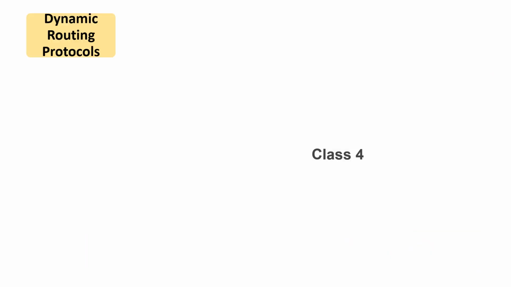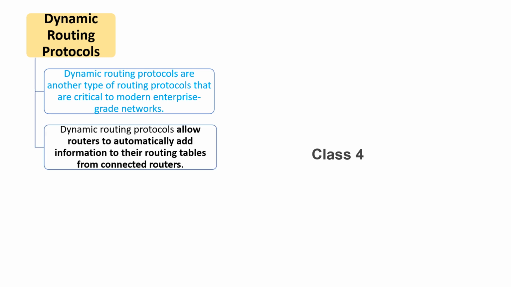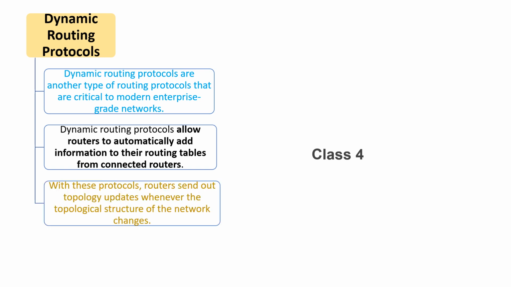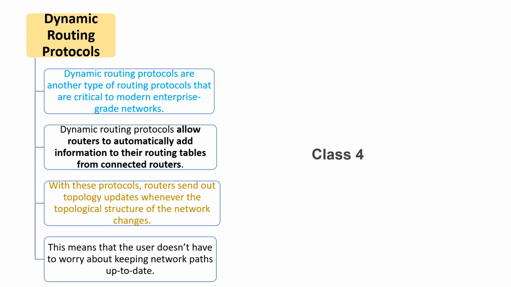And class 4, that is the dynamic routing protocols. These are another type of routing protocols that are critical to modern networks. They allow the routers to automatically add information to their routing tables from connected routers. With these protocols, routers send out topology updates whenever the topological structure of the network changes. This means that the user doesn't have to worry about keeping the network paths up to date.